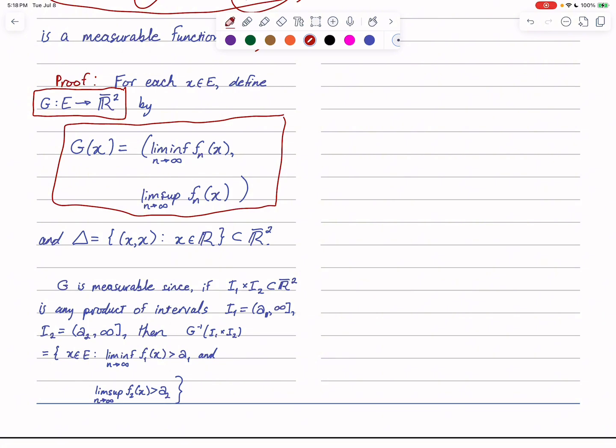But anyway, we'll just go ahead and accept that we're going to define this function and use it to do this proof. So the function is going to have domain E and range the two-dimensional space of extended real numbers.